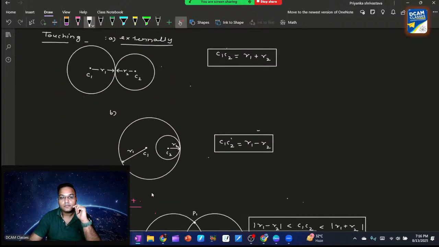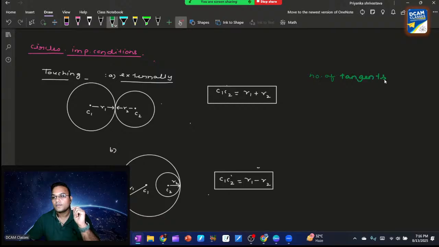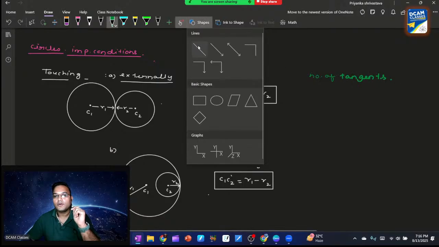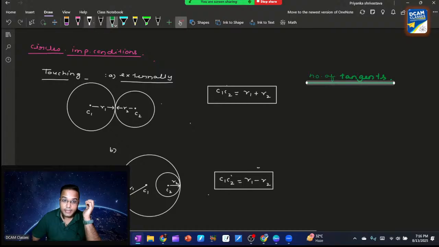Acha. I'll tell you one more thing in these cases. If we want to find the number of tangents here, when they are touching externally, how many tangents can we draw?